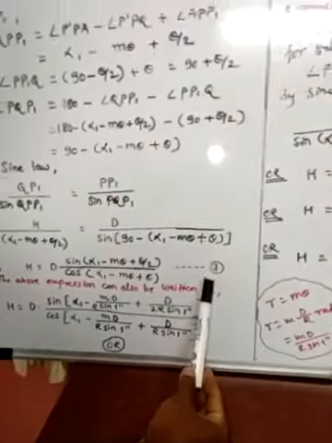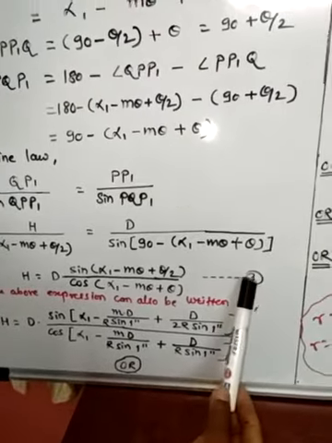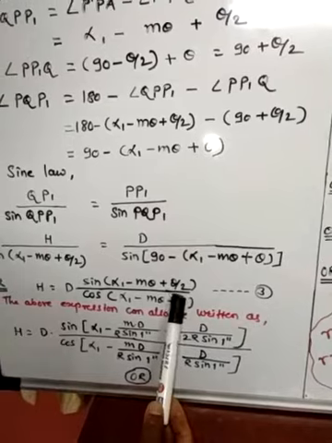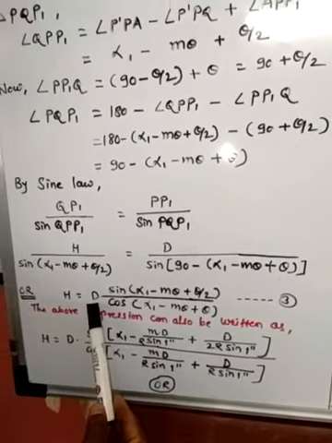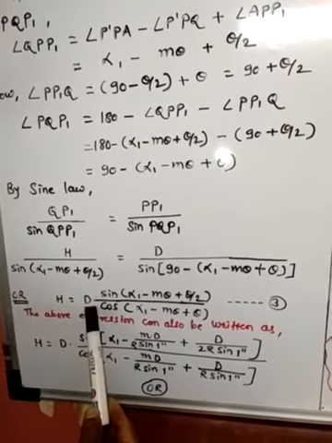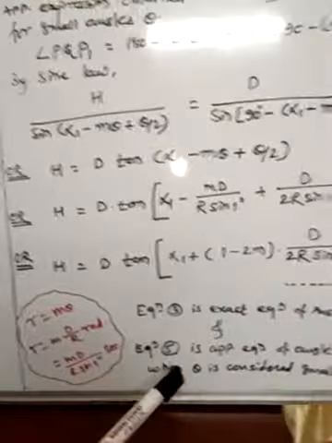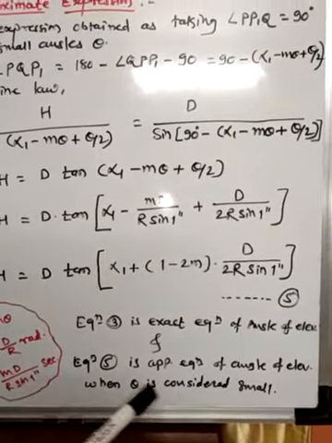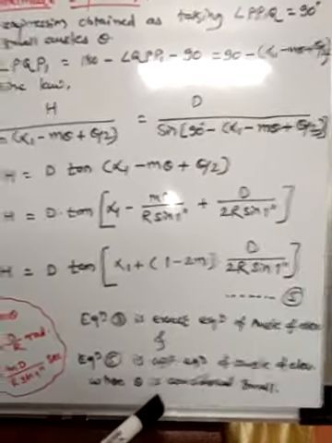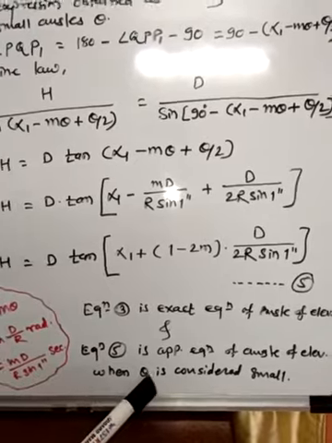Let's see here, equation number 3 is the exact equation of angle of elevation. You can use this equation for finding the difference in elevation of that particular object, QP1, from P to Q. And equation number 5 can be used as the approximate equation for angle of elevation when theta is considered small and angle P1Q as 90.